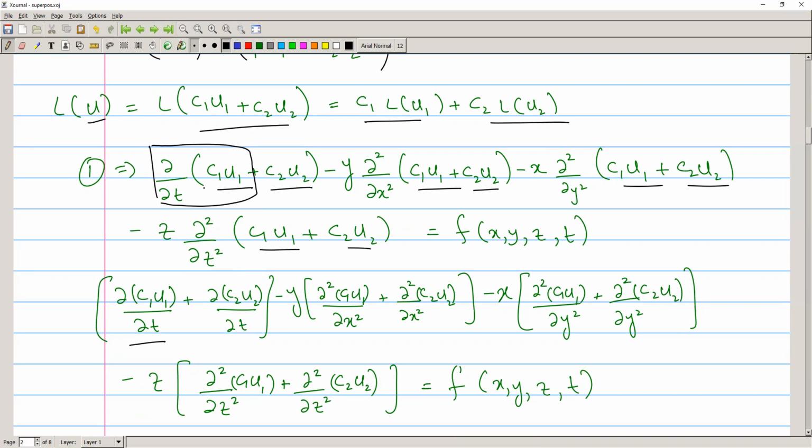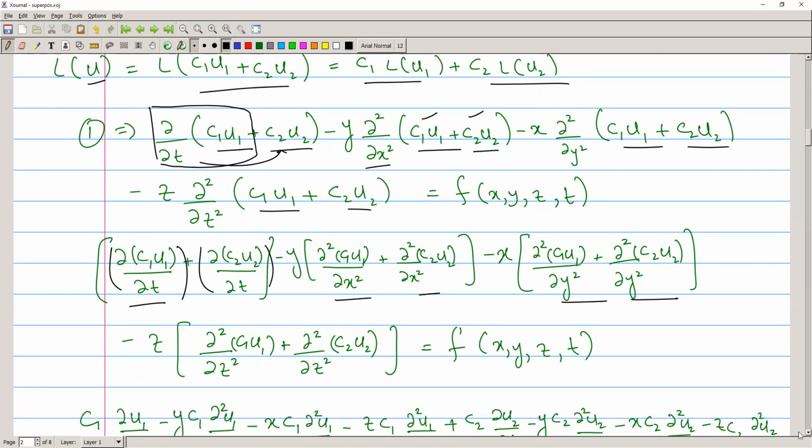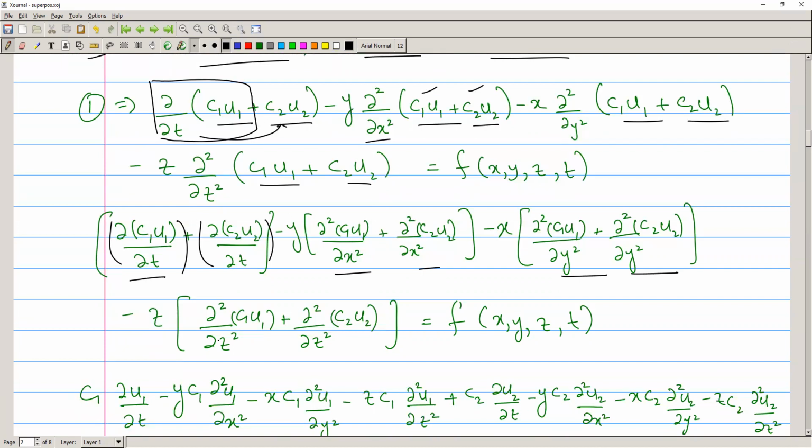This is dou over dou t times C1 U1, then dou over dou t multiplied by C2 U2. Minus, similarly for y, this operator will be multiplied by both C1 U1 and C2 U2. So it will become like this, and similarly for this operator, this will be the form, and for this operator here, this will be the form, right?